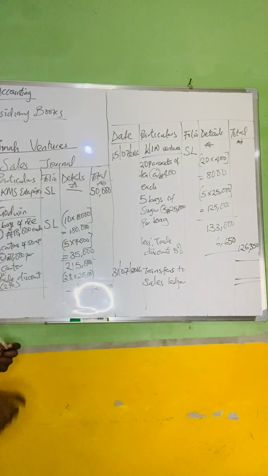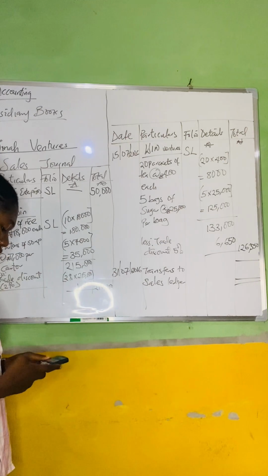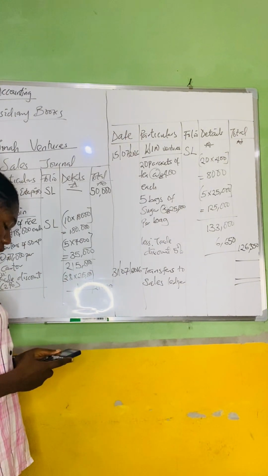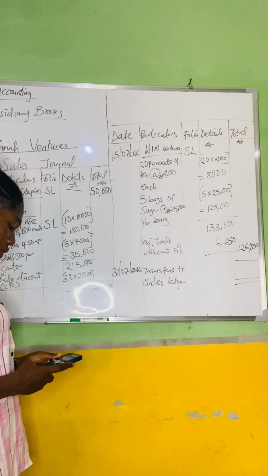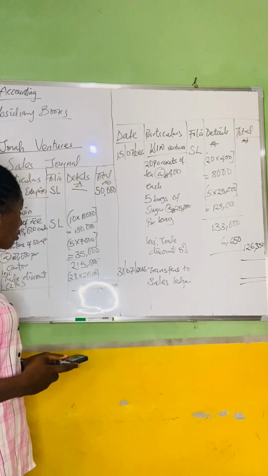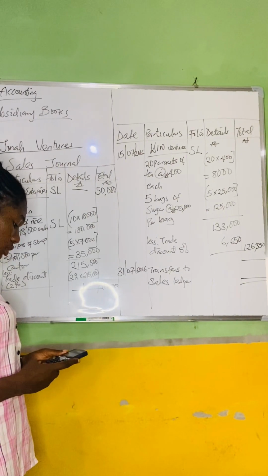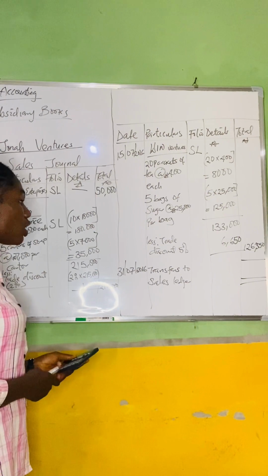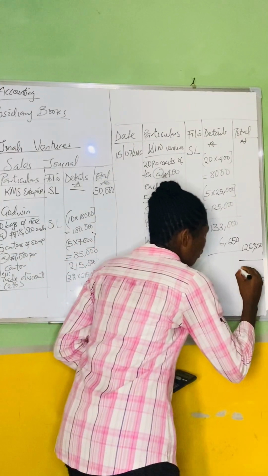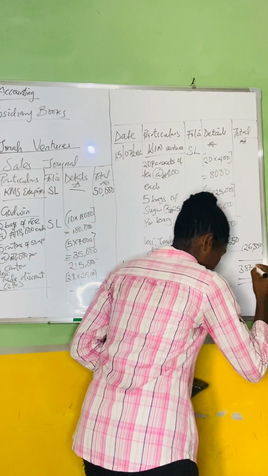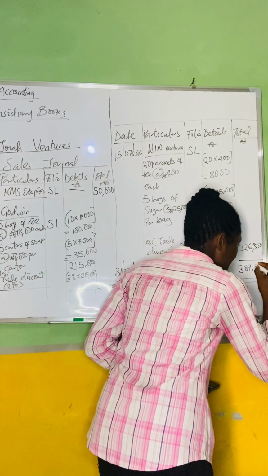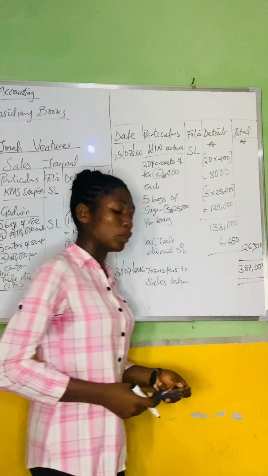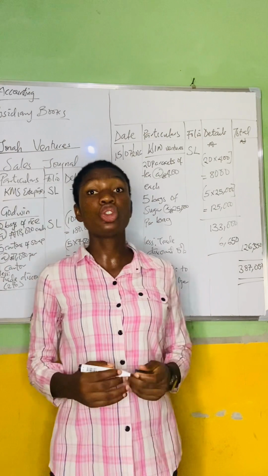So we'll be totaling our figure. We're having a total figure of 387,050 naira. So this is what a sales journal looks like.